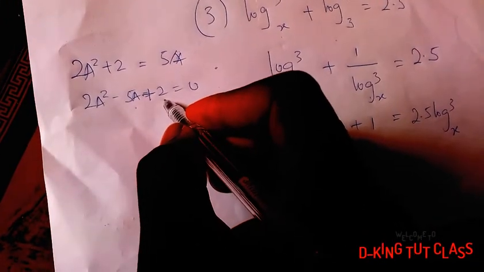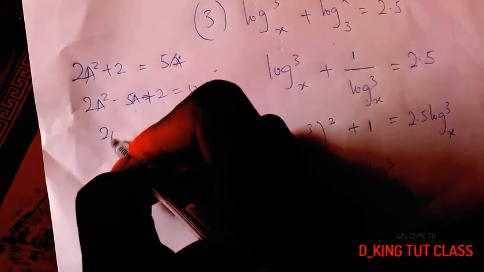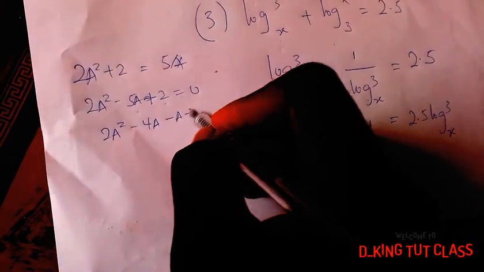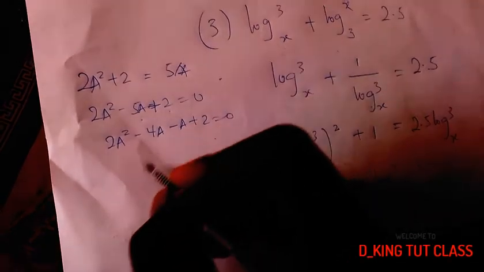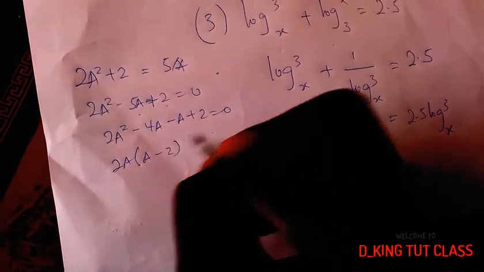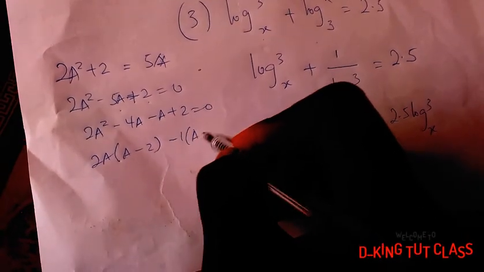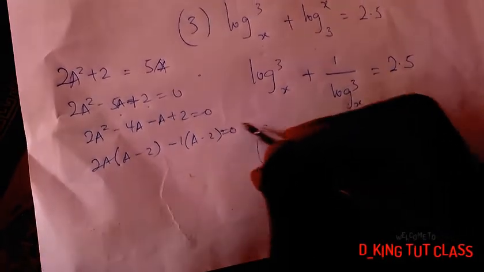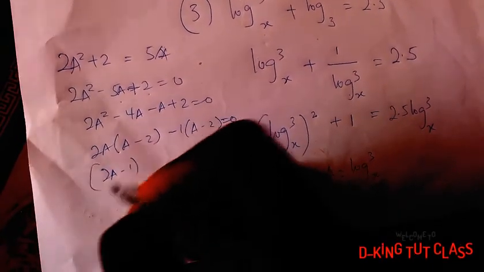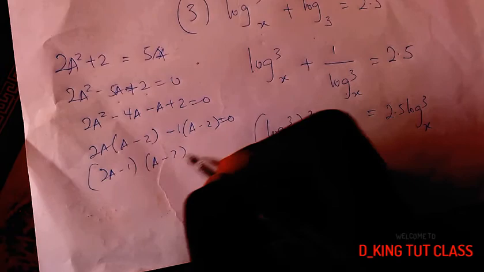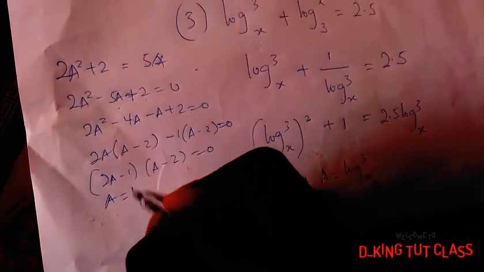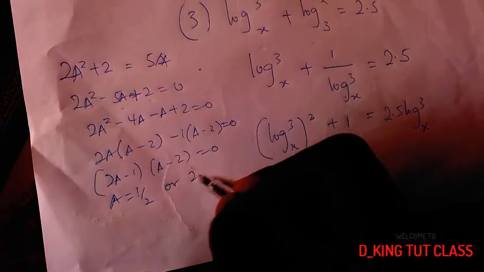That becomes 2a squared minus 4a minus a plus 2 equals 0, in which case that becomes 2a into a minus 2, minus 1 into a minus 2 equals 0. I will have 2a minus 1 and a minus 2 equals 0, where my a is 1 over 2 or a is 2.